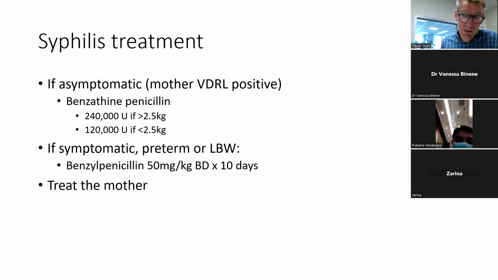But many of these babies have more than just a VDRL positive mother. Many of them, the pictures I've shown you, were all symptomatic in some way, and they need 10 days of benzyl penicillin, crystalline penicillin. If they don't get that, then they're likely to have ongoing infection that leads to further immune compromise and chronic infection during infancy and childhood.